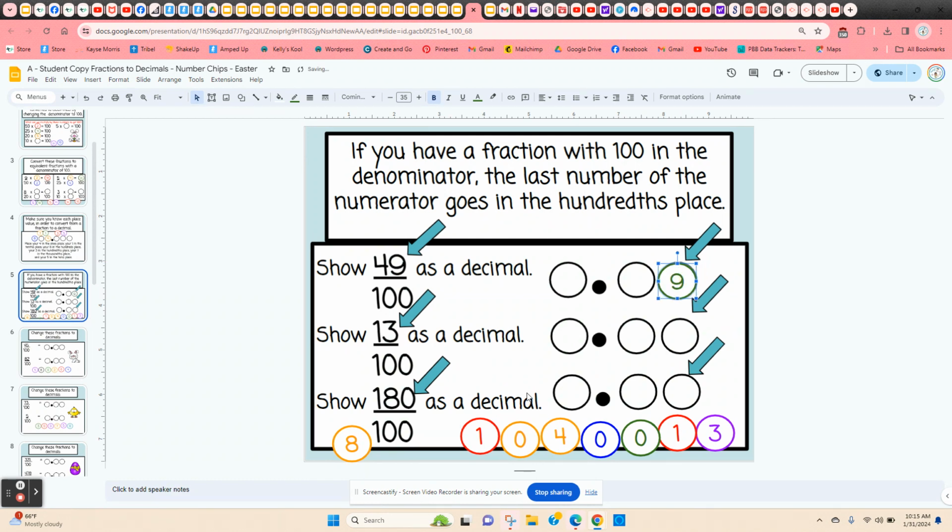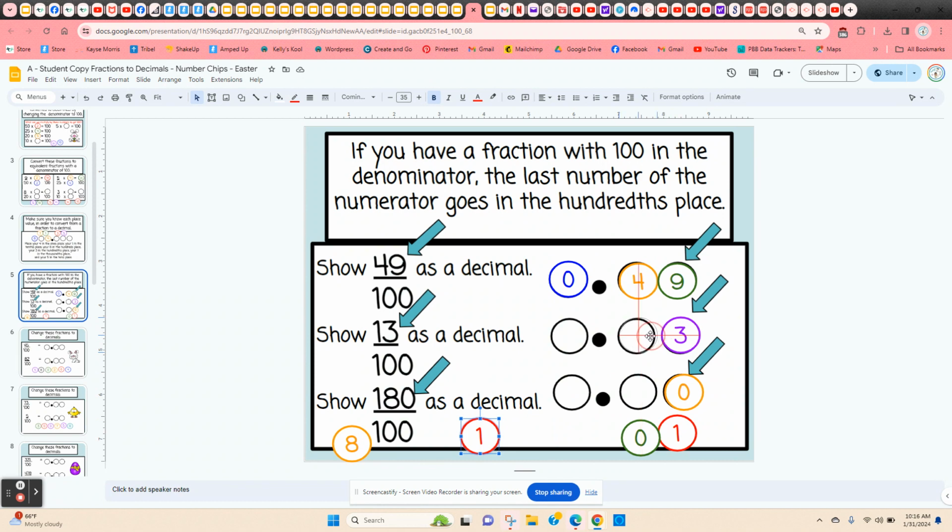Here, the 3 has to go in the hundredths place. And here the 0 has to go in the hundredths place. And once we do that, then we can just fill in the rest by placing the numbers in order. So this number has to be a 0 now. So 49 hundredths as a fraction and 49 hundredths as a decimal.